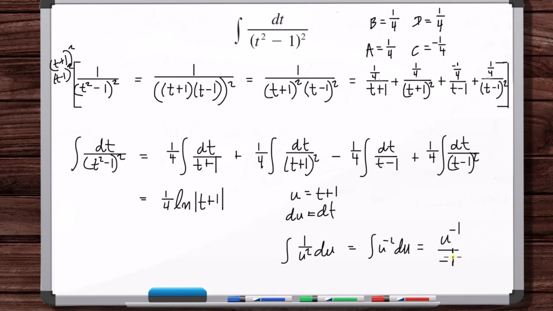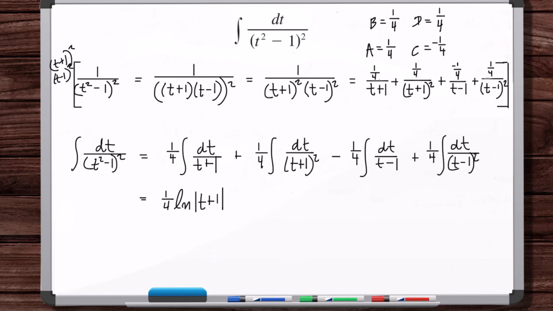U to the minus 1 over minus 1, which is minus 1 over u. So minus 1 over t plus 1. Okay, so minus 1/4. And then here we've got, and then this is going to be minus 1/4.